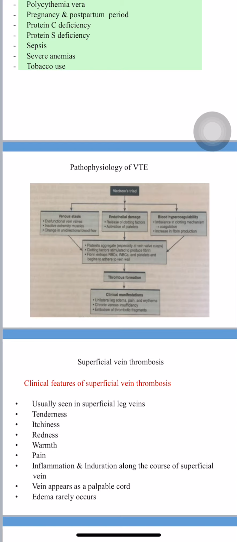The frequent site of thrombus formation is the cusps of the valve. If a thrombus detaches from the vein walls, it becomes an embolus, flows through the venous circulation to the heart and lodges in the pulmonary circulation. That leads to pulmonary embolism. When thrombus formation occurs, that leads to the clinical manifestations. This is the pathophysiology of venous thromboembolism.